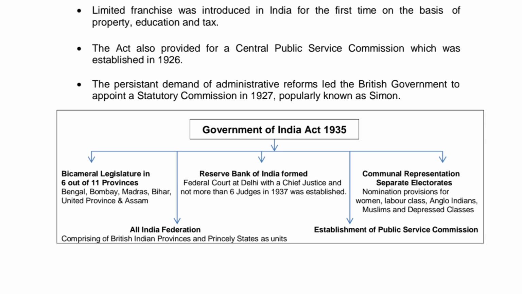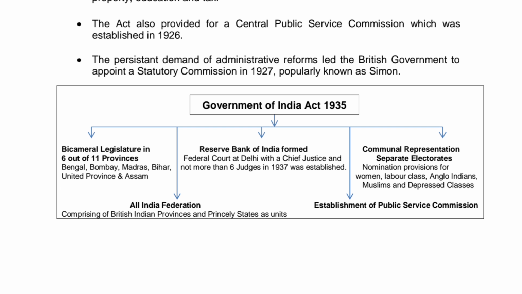The persistent demand for administrative reforms led the British government to appoint a statutory commission in 1927, popularly known as the Simon Commission.